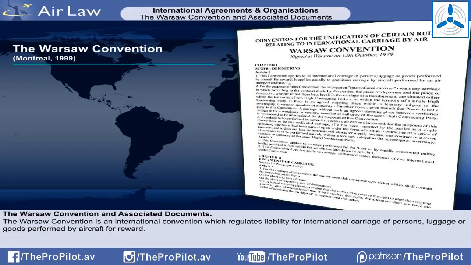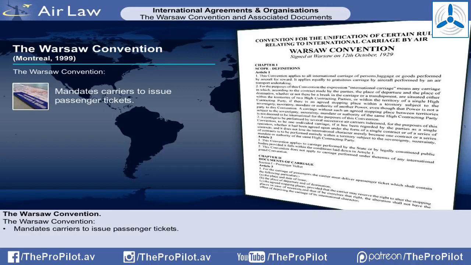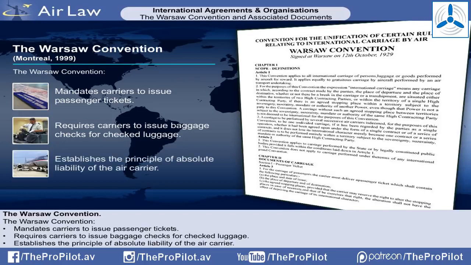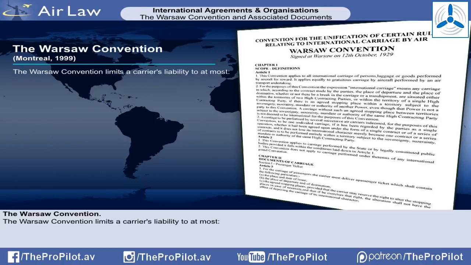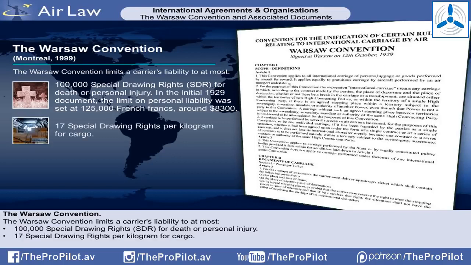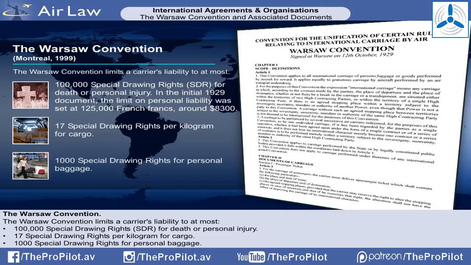The Warsaw Convention mandates carriers to issue passenger tickets, requires carriers to issue baggage checks for checked luggage, establishes the principle of absolute liability of the air carrier, and limits a carrier's liability to at most 100,000 special drawing rights, SDR, for death or personal injury, 17 special drawing rights per kilogram for cargo, and 1,000 special drawing rights for personal baggage.